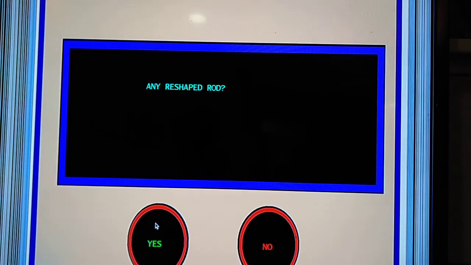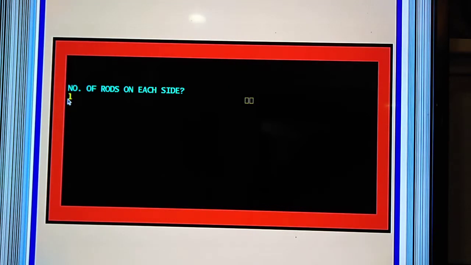Any reshape rod? Yes. Okay, the robot is really teaching a new novice engineer how to do the professional job. The number of rods on each side. This is totally put in according to a blueprint.